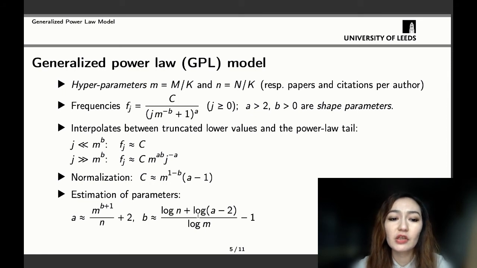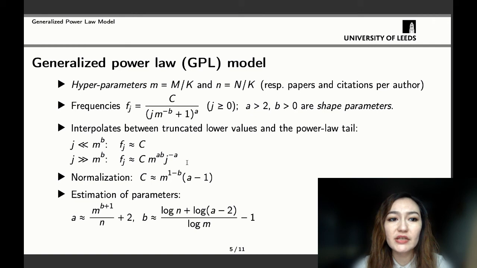From the following two formulas, we can see that when J is small, Fj is approximately a constant. When J is large, Fj shows the power law tail. So one advantage of this GPL model is that it can describe a whole range of citations data.